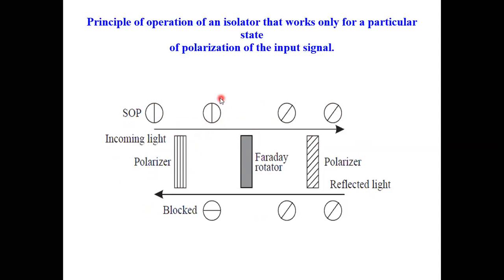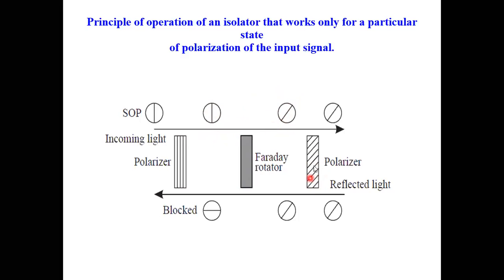Now that SOP which is vertically polarized falls on a Faraday rotator. Now what is the function of the Faraday rotator? Whichever is the incoming light, it will give a shift of 45 degrees. So I have this light, and it is giving me a shift of 45 degrees. So from this position to this position, it has tilted by 45 degrees. That's why this line is this way. Then I have another polarizer.